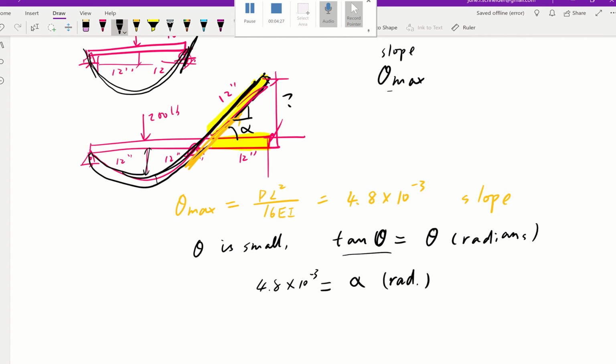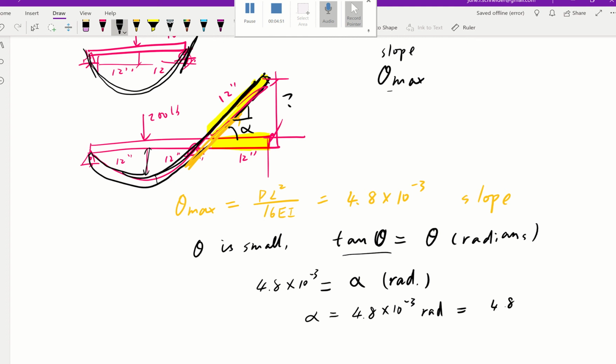Then alpha is equal to 4.8 times 10 to negative 3, because this slope is equal to the angle itself in radians. Since the slope is that value, the angle is going to be this many radians. We're going to change that to degrees.